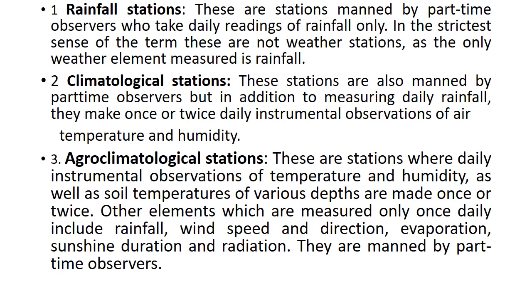So we also try to let you know that climatological station is an advance, is a bigger station compared to rainfall stations, because it measures both rainfall and other two important elements of weather, which are the temperature and humidity. And though they are also manned by part-time observers, because they are used to measure 3 elements of weather, they are considered as true weather stations.